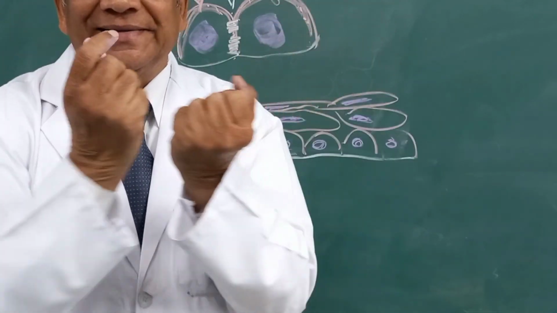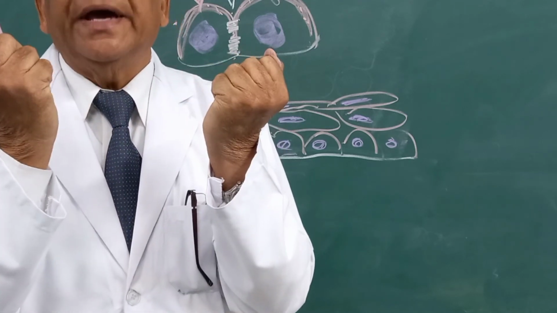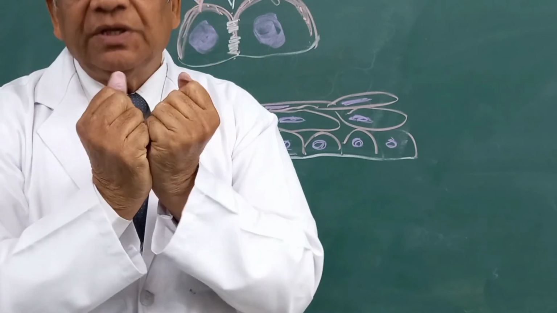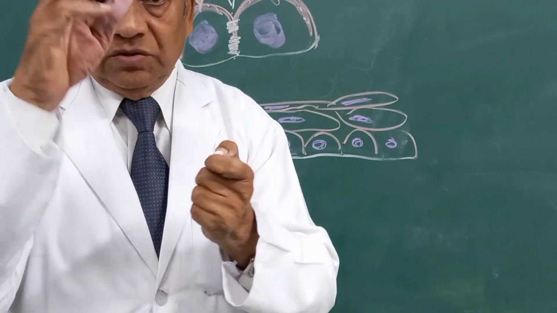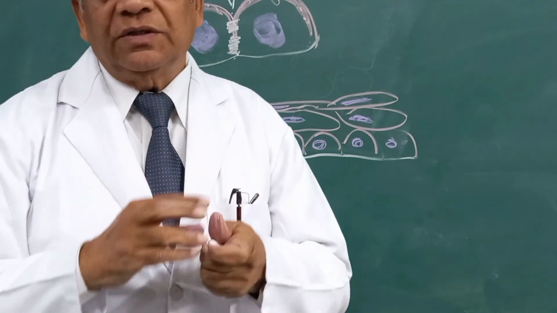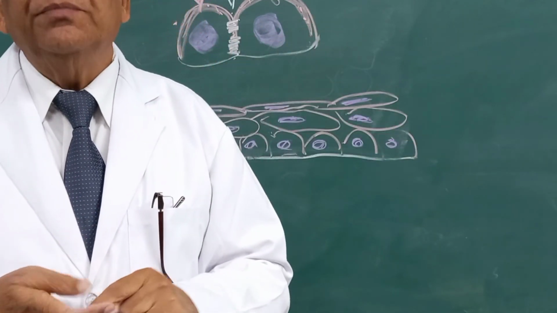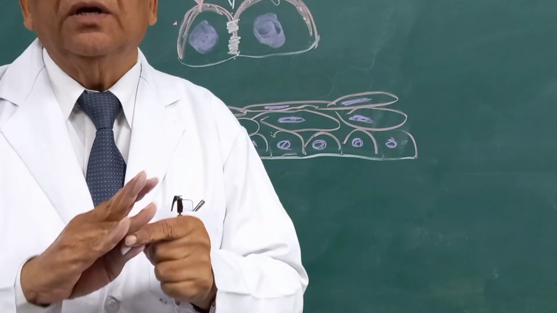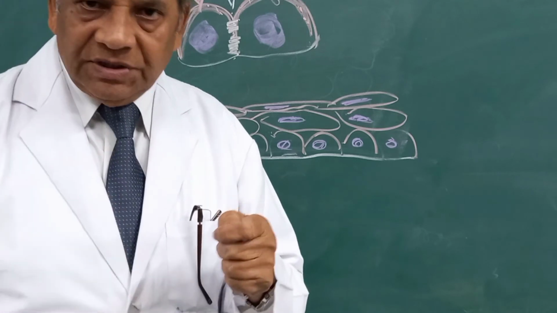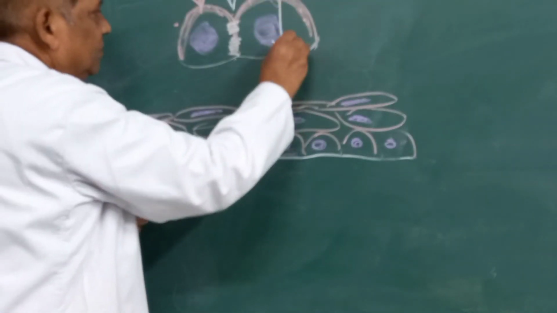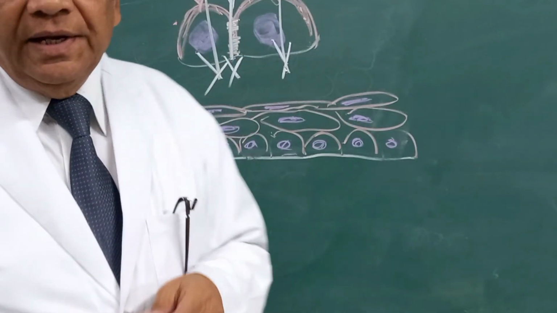It doesn't permit water molecules or any other solute molecules to go between the two cells. This is the reason why this epithelium is impermeable. Nothing can go through the cell or in between the cells.